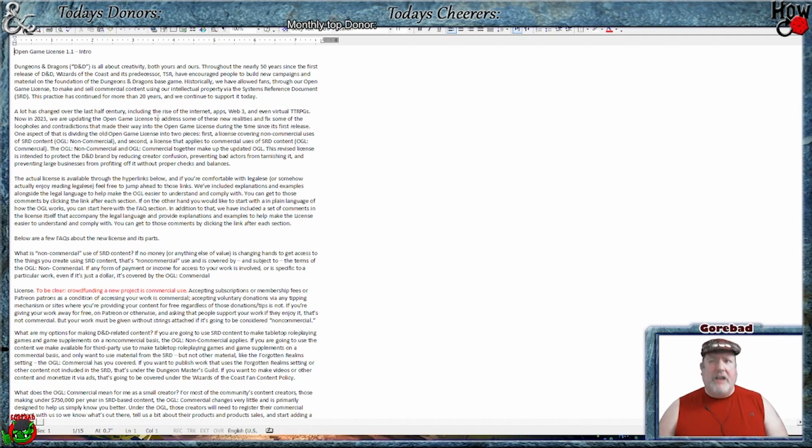Because they're getting nothing from it, right? However, it's very clear that that is not the case here, because in the OGL, both parties benefit, right? That's exactly right. So both parties do in fact benefit.